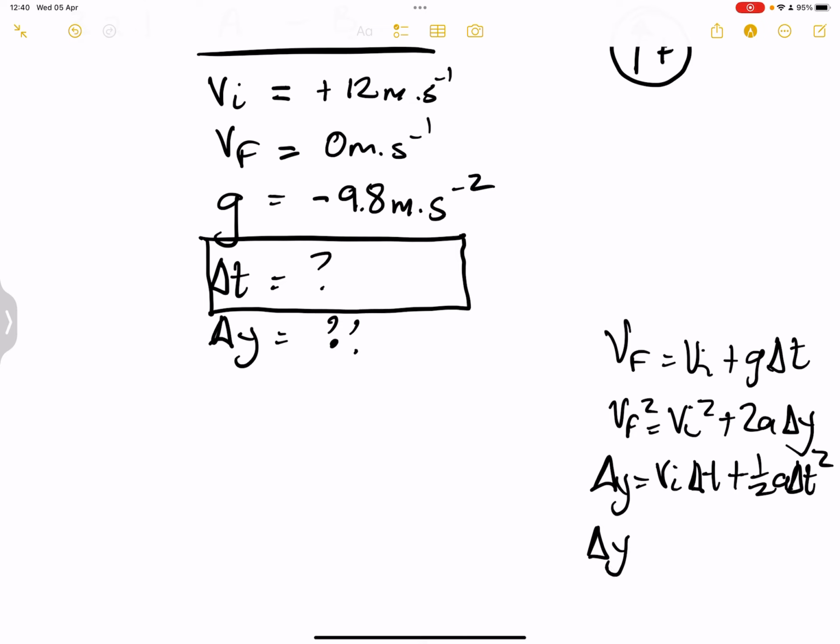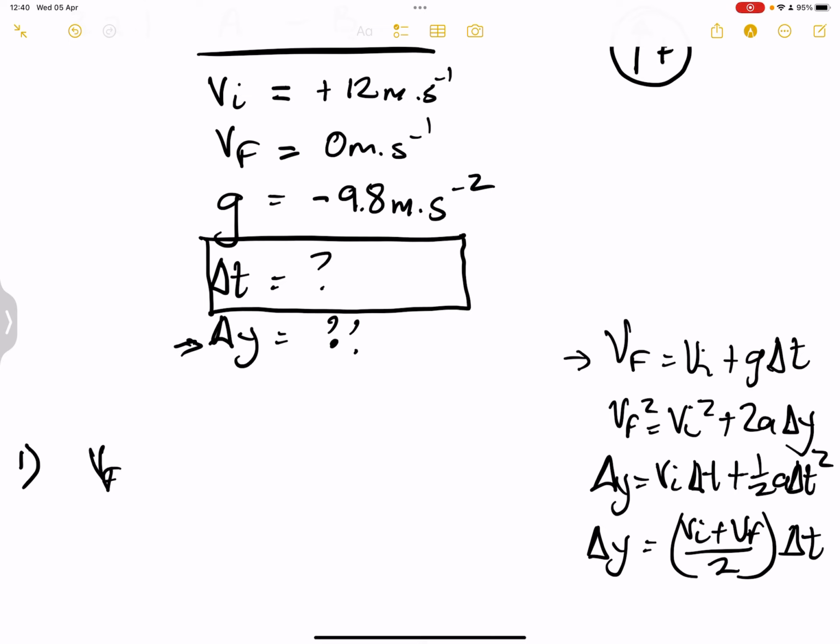And the last one, delta y equals (Vi plus Vf) over 2 multiplied by delta t. We're looking for the only equation without displacement. Every one of these equations is unique, so the equation without displacement is the first one.